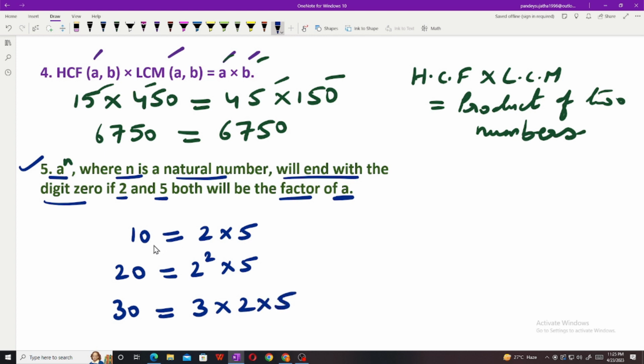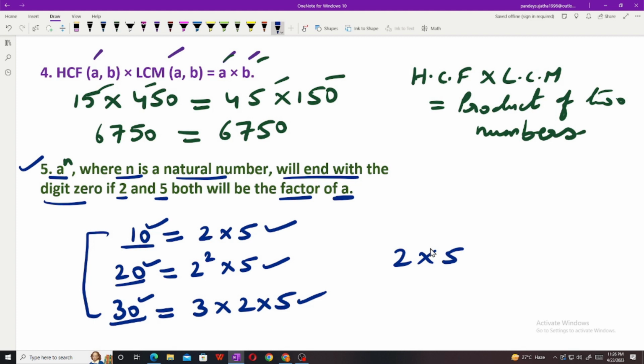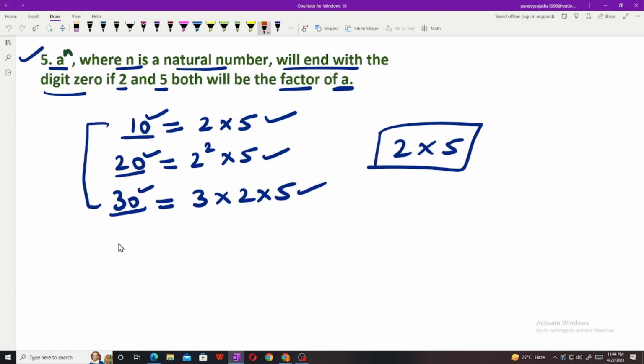So I think you are able to see here, since this number is ending with the digit 0, for these numbers, the prime factors include 2 and 5 both. If I take the number 55, the prime factors of this 55 are 5 and 11. So can you see here, this 55 does not have both 2 and 5 as a factor.